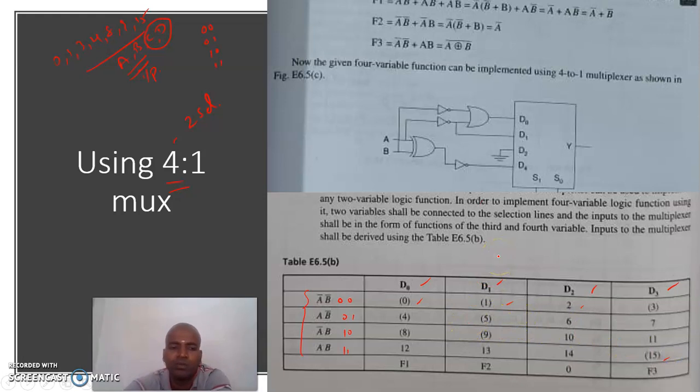Okay, so now mark the values as per the given Boolean function. The given Boolean function is 0, 1, 3, 4, 8, 9, 15. So 0 is marked, 1 is marked, 3, 4, 8, 9, 15. I think this 5 is wrongly marked. So this is 5 alone.